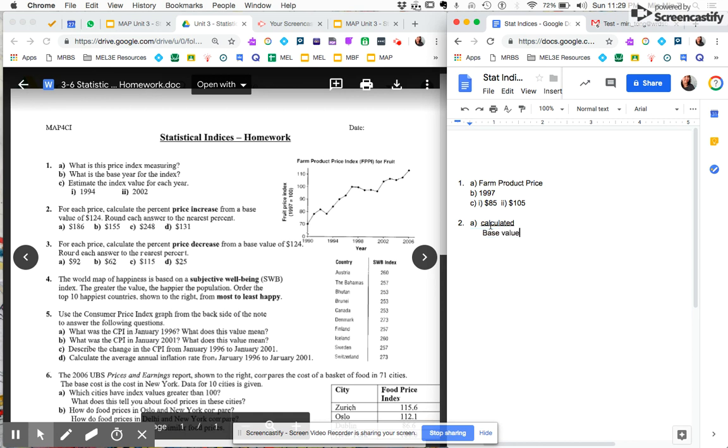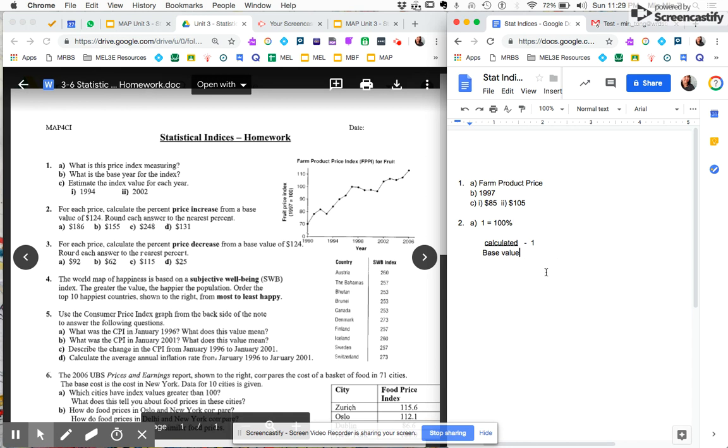So base value, and then I want to subtract that from 100, or rather 1. So remember that when we're talking about percentages, if we're talking about index values, 1 is basically equal to 100%.